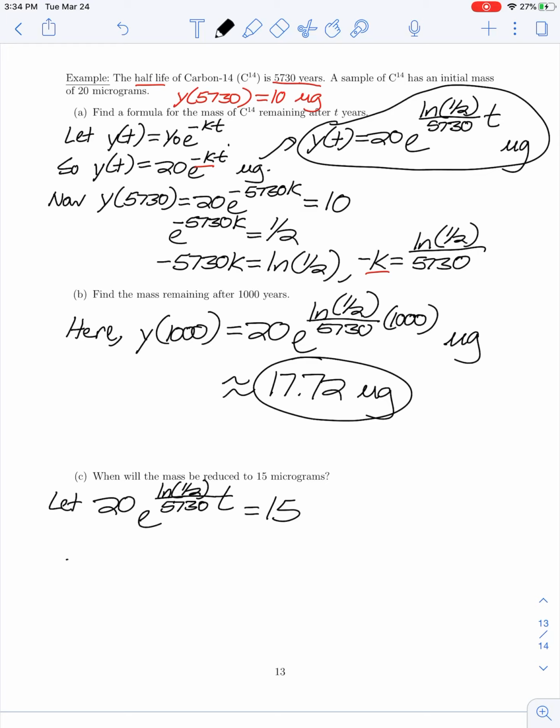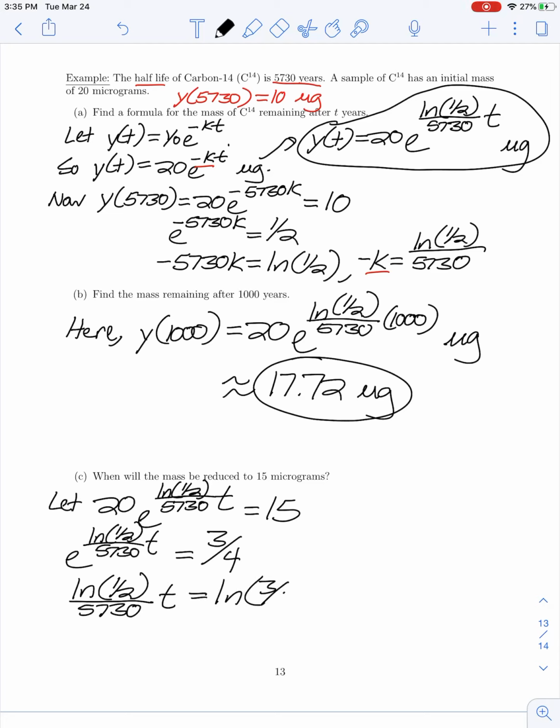To solve for t, we first divide both sides by 20, and we have e to the natural log of 1/2 over 5730 times t is equal to 15 over 20, or 3/4. Now taking the natural log of both sides, we have the natural log of 1/2 over 5730 times t is equal to the natural log of 3/4.